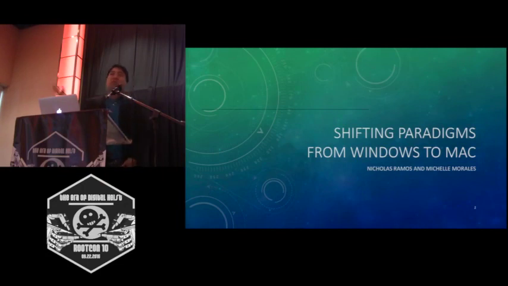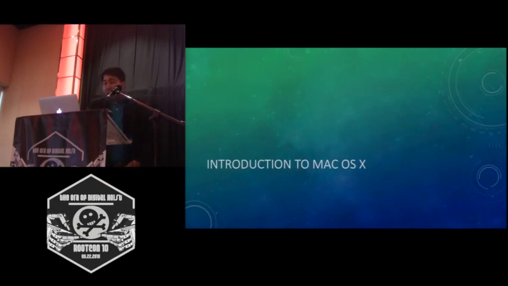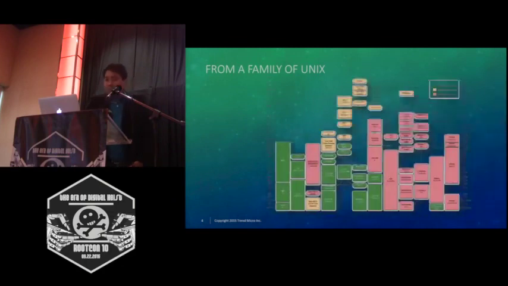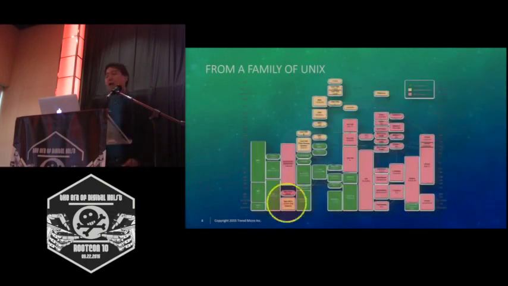But first, let me give some introduction about macOS. macOS comes from the Unix family. It's basically a hybrid, a mixed breed of NeXTSTEP and FreeBSD. NeXTSTEP was developed by Steve Jobs after he resigned from Apple.